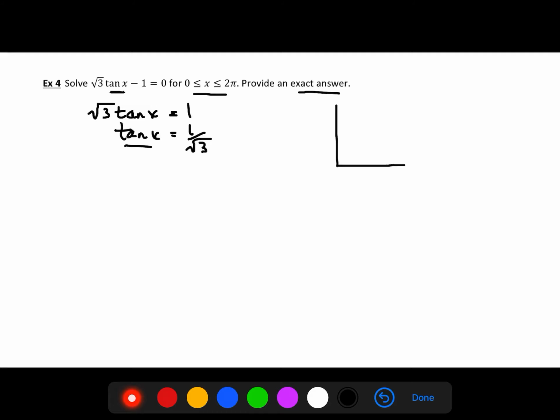Well, we know that it's not our 45, 45, 90 because we're talking about √3. And 45, 45, 90 is 1, 1, √2, which means that we're going to be talking about 30, which is pi over 6 as radians, and 60, which is pi over 3 in radians.